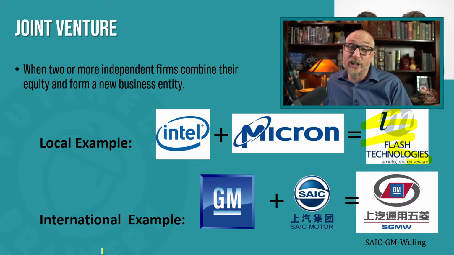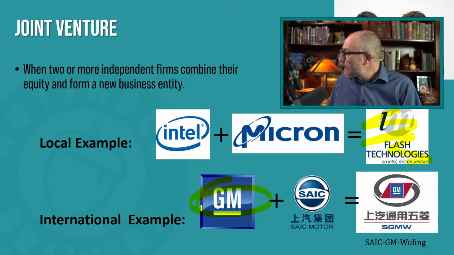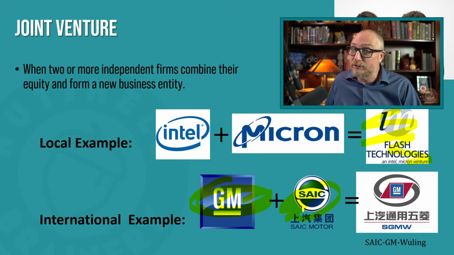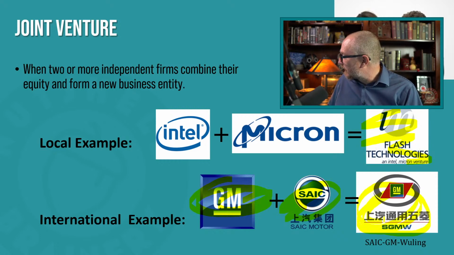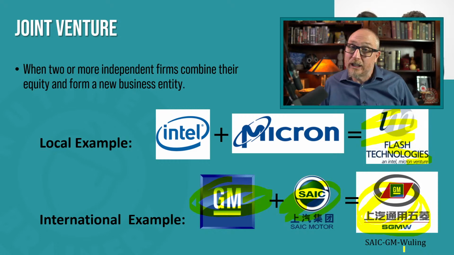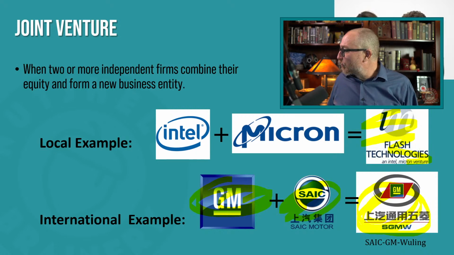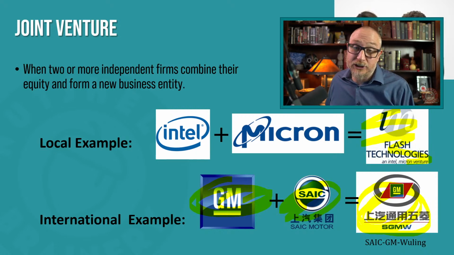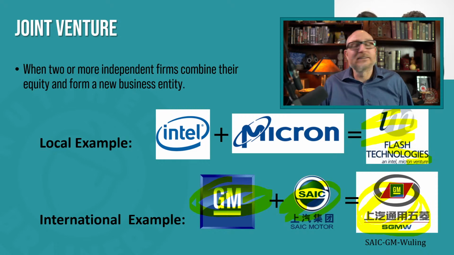On the other hand, for international, General Motors got together with SAIC Motors in China, and they started a joint venture, SAIC GM Wuling. Okay, here's the idea. General Motors really wanted to get into China. China says, you're not allowed to just come in here and start up shop.